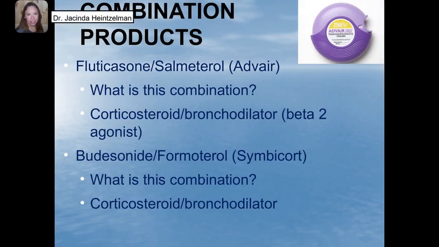When it comes to treating asthma or these lower respiratory disorders, we do have a lot of variety in the different medications that are available to treat these conditions. How in the world does the doctor know which medication to use?